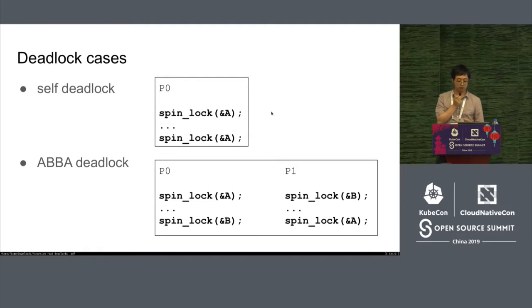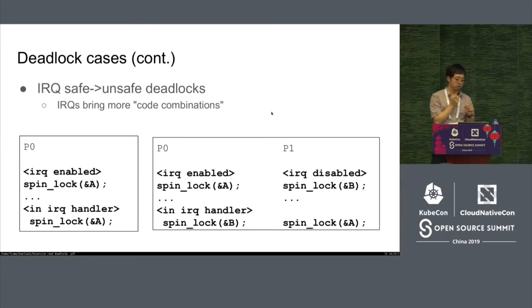If we're trying to solve a deadlock, then no matter the code, if there is a deadlock, we will find a specific combination of code, and interrupts will increase the possibility of the deadlock occurring.